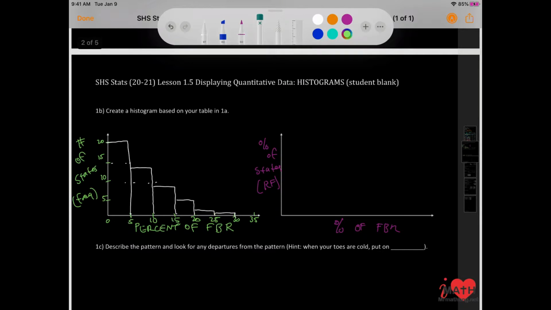And then you would just do the same thing for your relative frequency table from above. I have 0, 5, 10, 15, 20, 25, really head up to 30.